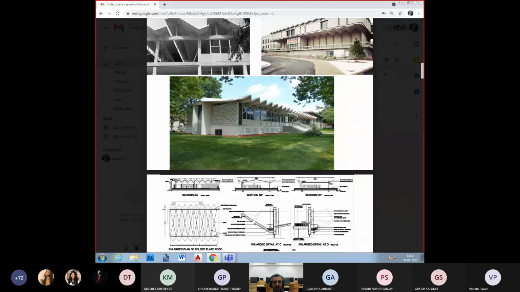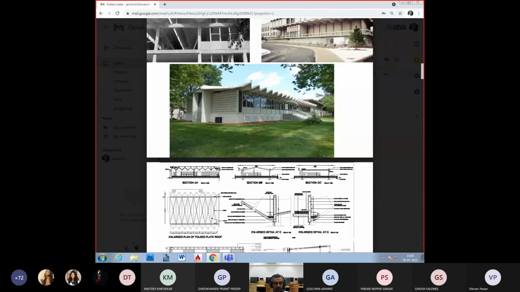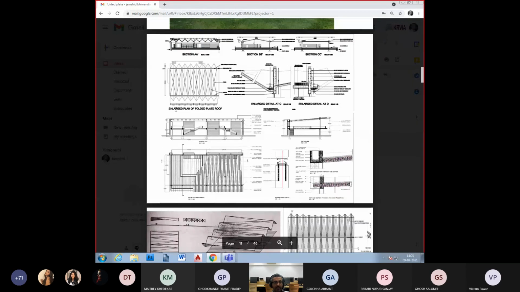In the American Institute of Civil Engineers, the folds are converging at certain points and expanding at certain points, like you can see here in this plan. You can see that folds converge at the ends, thereby allowing you to have the diaphragm beams there, and expand along the center.